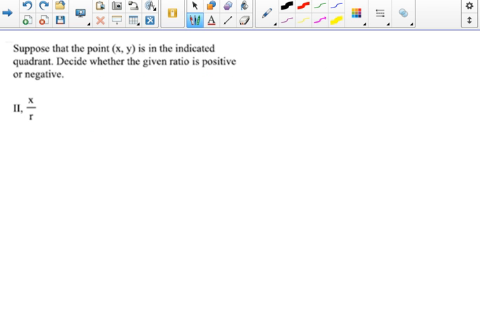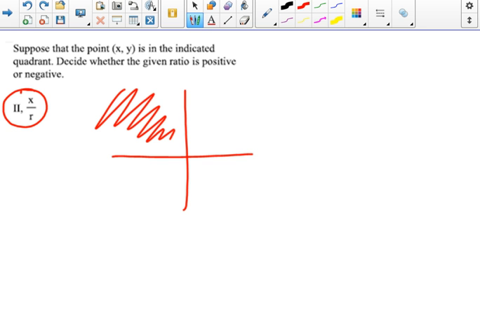Okay, so if you're in the second quadrant, out here somewhere, in order for this to be positive or negative, well, first of all, what have I said about r? R is always positive. So really, the question is, is x negative in the second quadrant? Well, yes, right?